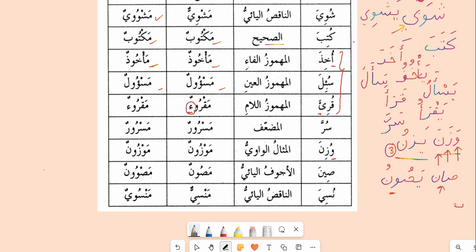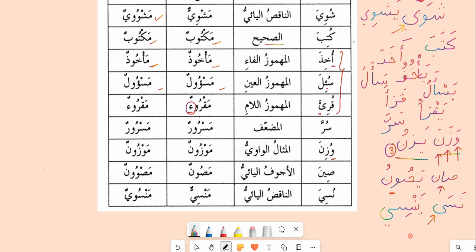Nusia comes from nasa. This is also an unusual verb. Now you see there is an alif makhsura. I have come across two kinds here. Sometimes it has yansi with the noon sukoon, ya harf mudare, and with the ya.